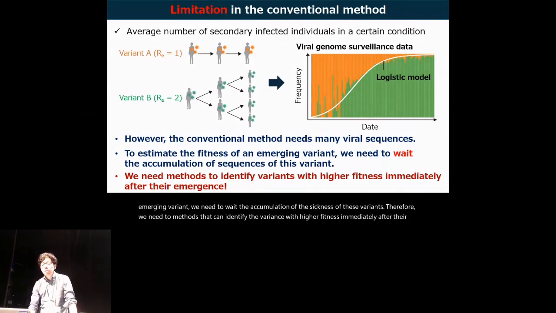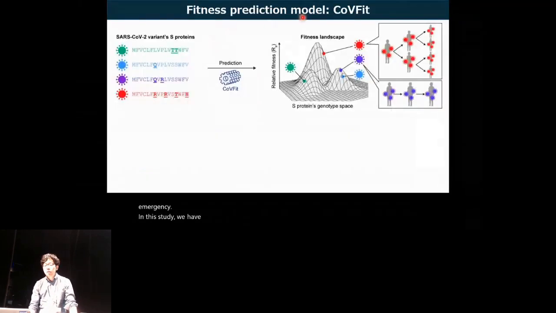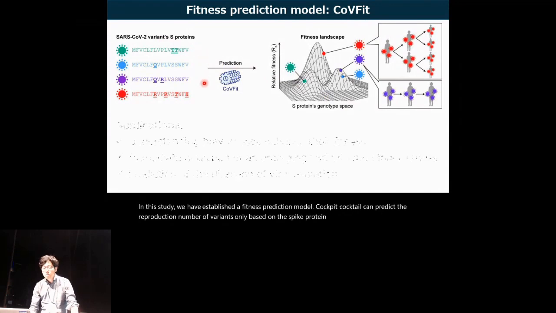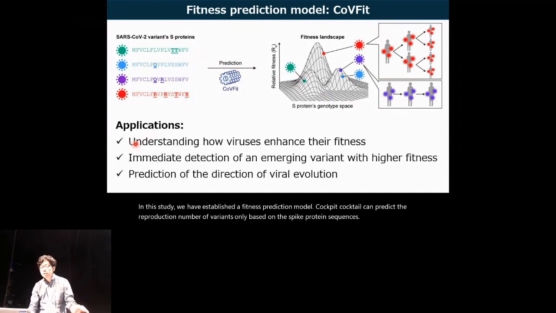In this study, we have established a fitness prediction model, COVFIT. COVFIT can predict the reproduction number of various variants based only on the spike protein sequences. Using COVFIT, we can understand the genetic basis of virus evolution, or how viruses enhance their fitness.